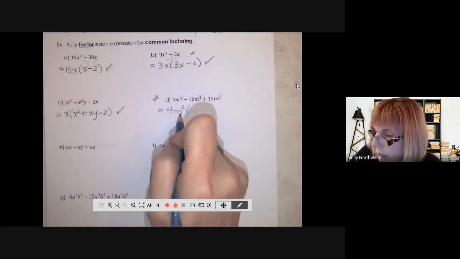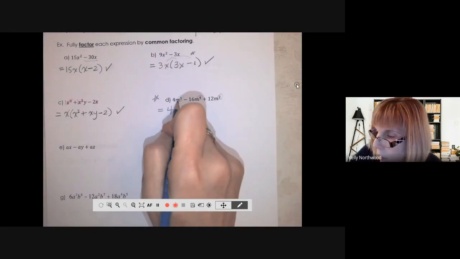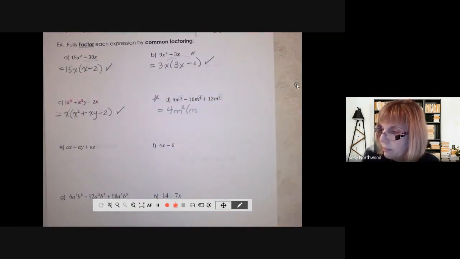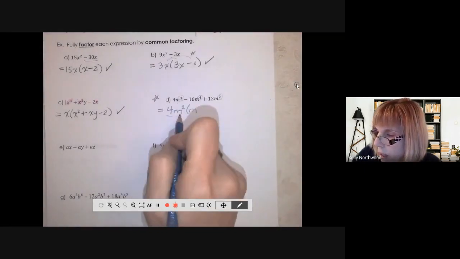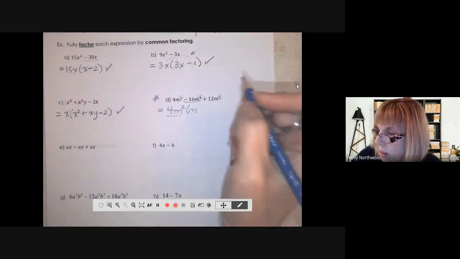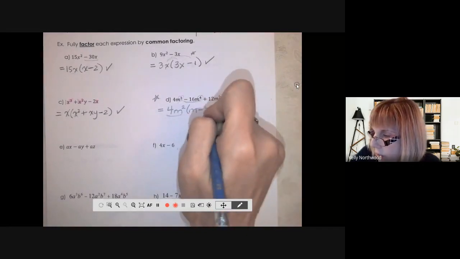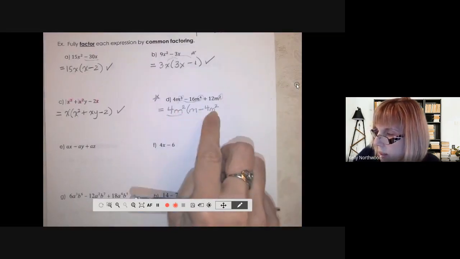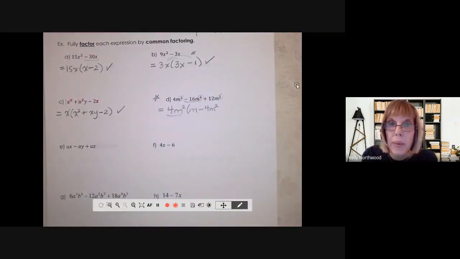And what do I have to multiply 4m squared by to get 4m cubed? M. What do I have to multiply 4m squared by to get negative 16m to the fourth? Negative 4m squared. M squared times m squared is m to the fourth by exponent laws.